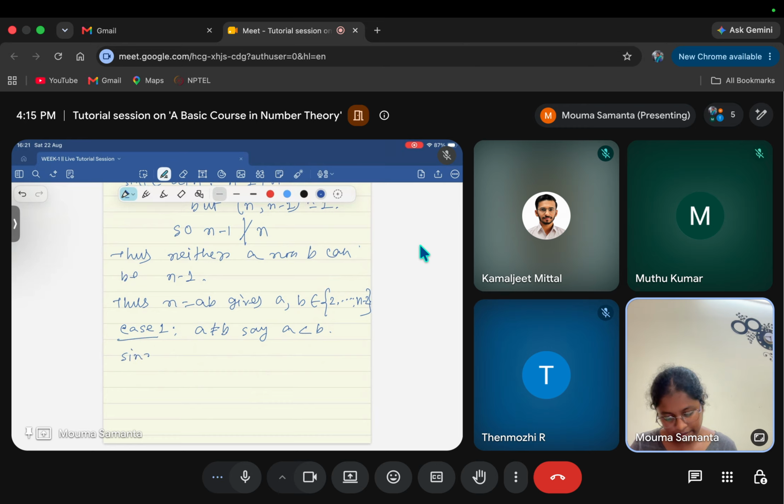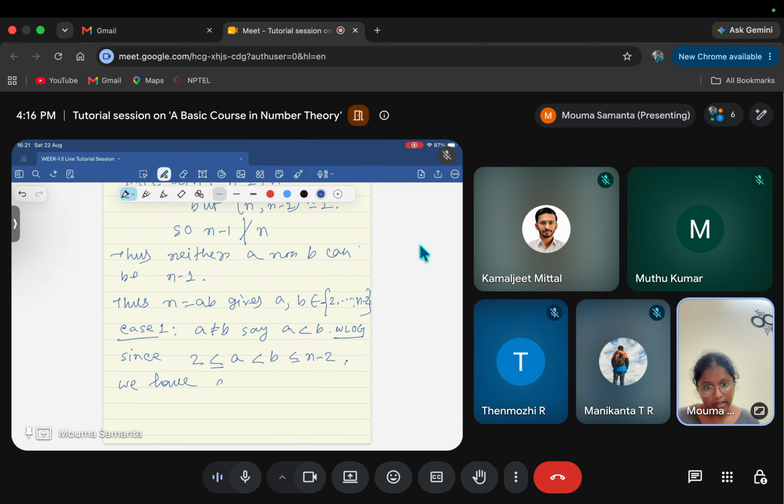So since a is less than b, this means 2 less than or equal to a, strictly less than b, and without loss of generality 2 less than or equal to a less than b less than or equal to n minus 2, we have a times b divides 2 into 3 into 4 into up to n minus 2, that means ab divides n minus 2 factorial.